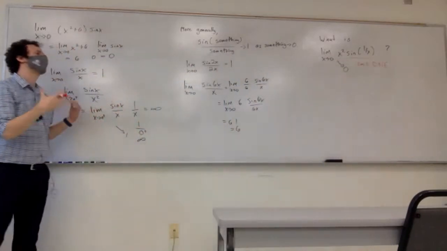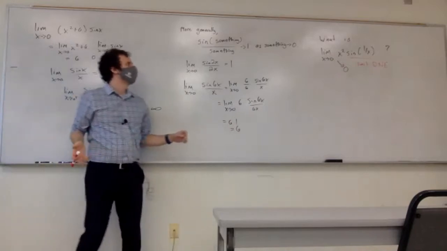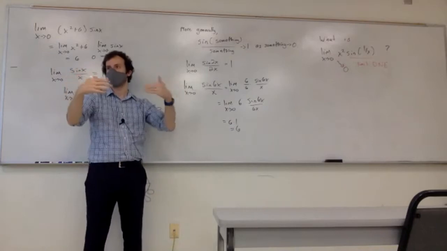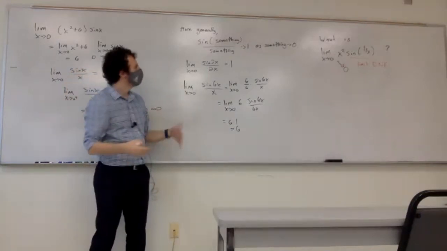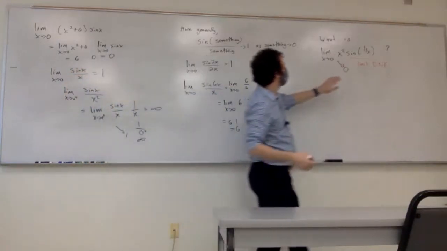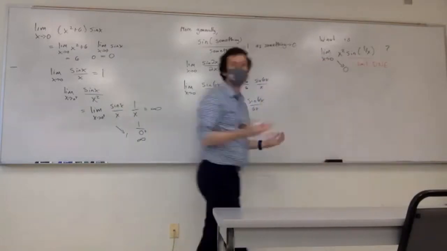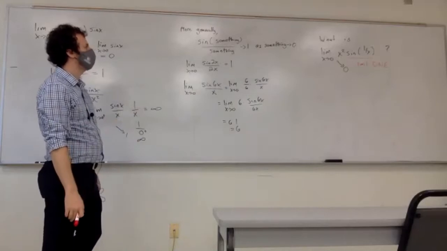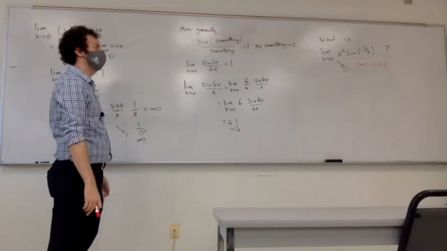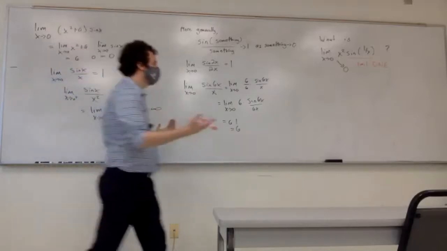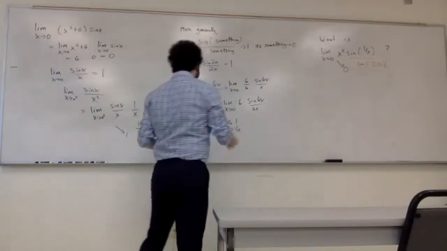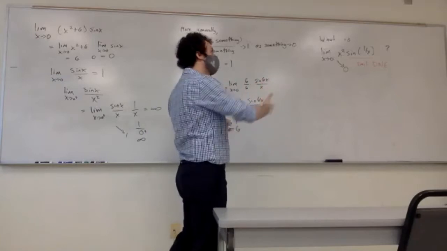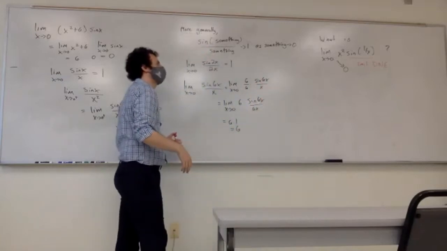And the way that those limit rules were phrased was, if you know that the two limits exist, then you can find them separately and then multiply together. Here, this limit doesn't exist, so we just really don't know what to do. It seems like this limit might not exist, but in fact it does. And we need a way of coming up with that fact and then seeing what the value of the limit actually is.